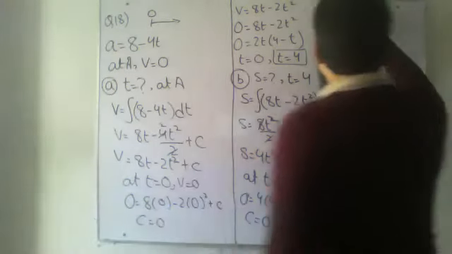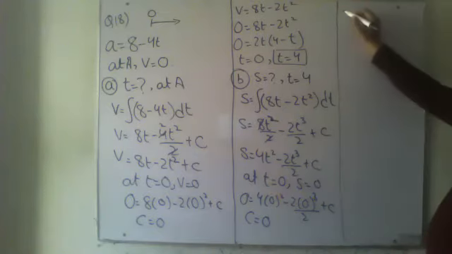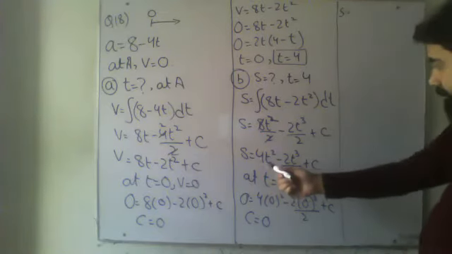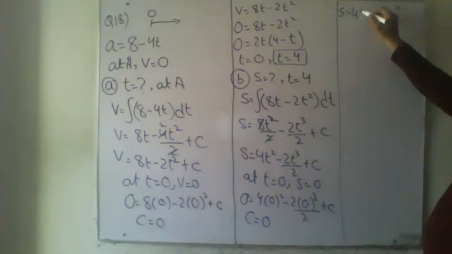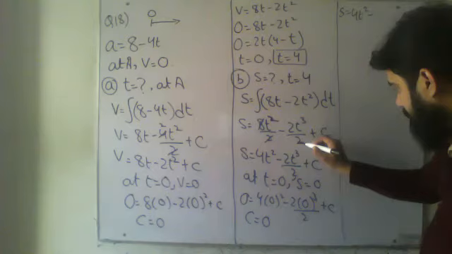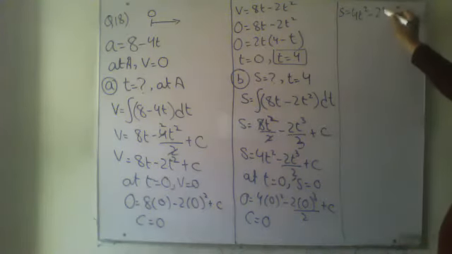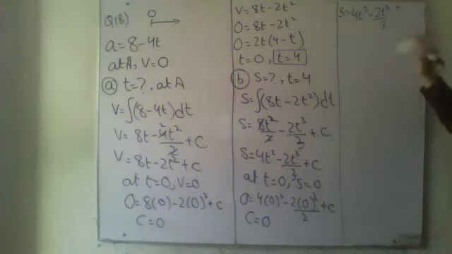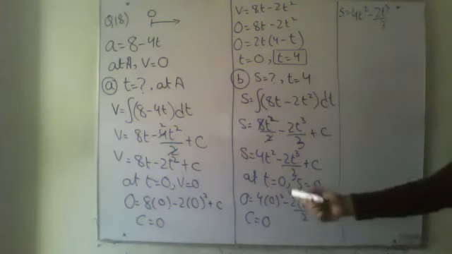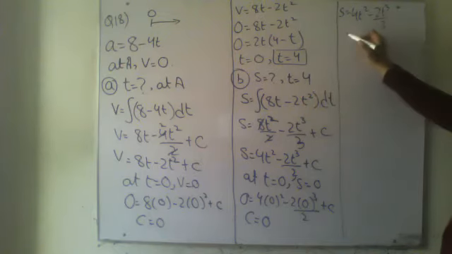Simplifying it, what will the displacement equation be? S equals to 4t square minus 2t cube over 3, and c is 0, so I'm not writing it. Now I have to find displacement at t equals to 4.